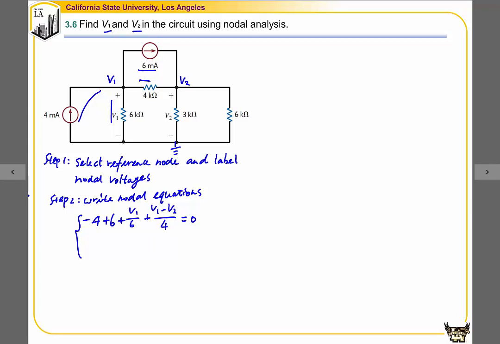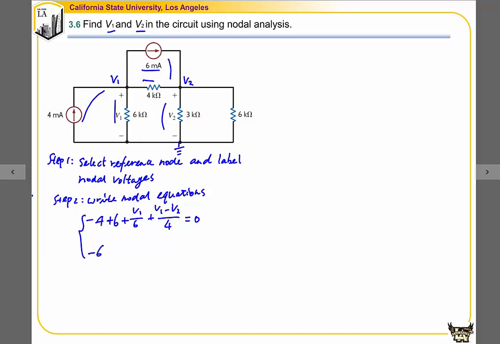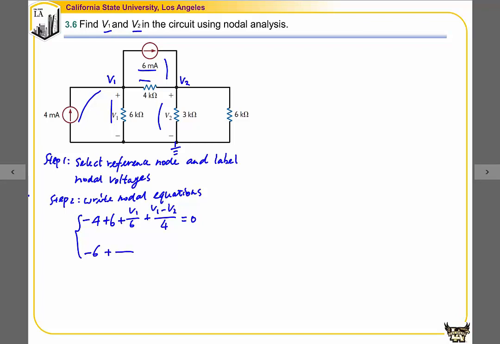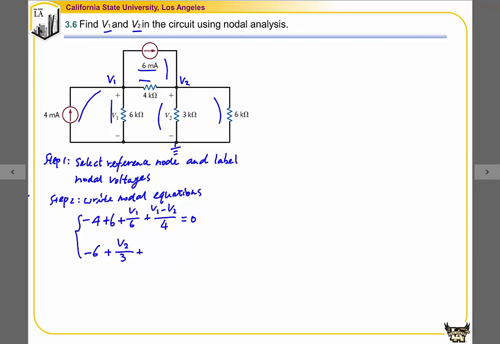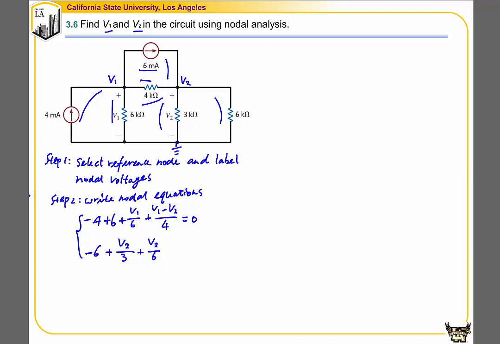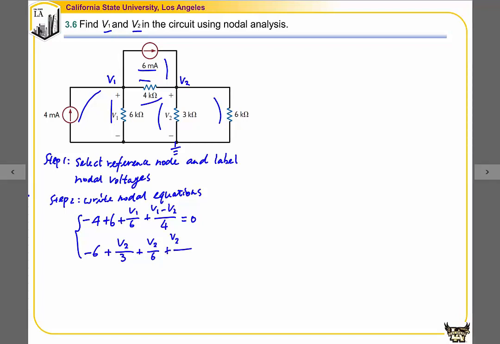The second equation is for node 2. The first branch over here has a current going in, so we have -6. This branch has a current of V2 over 3, and this branch has a current of V2 over 6. And this branch over here has a current of V2 minus V1 divided by 4.